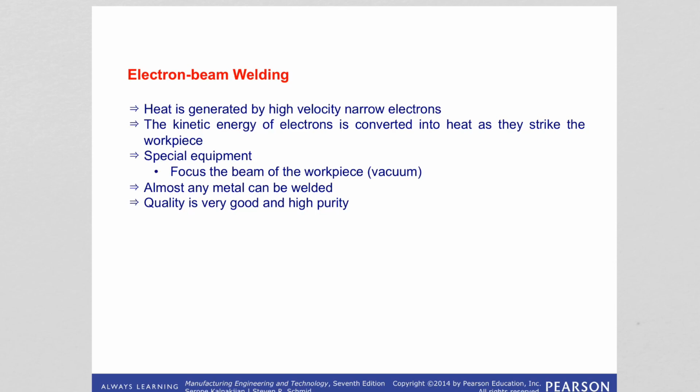Here it is generated by a high velocity narrow beam of electrons, and the kinetic energy of the electrons is converted into heat as they strike the workpiece to be welded. But this will require special equipment in order to focus the beam on the workpiece, and typically a vacuum, because if you don't have a vacuum, you cannot concentrate this electron beam on the workpiece.